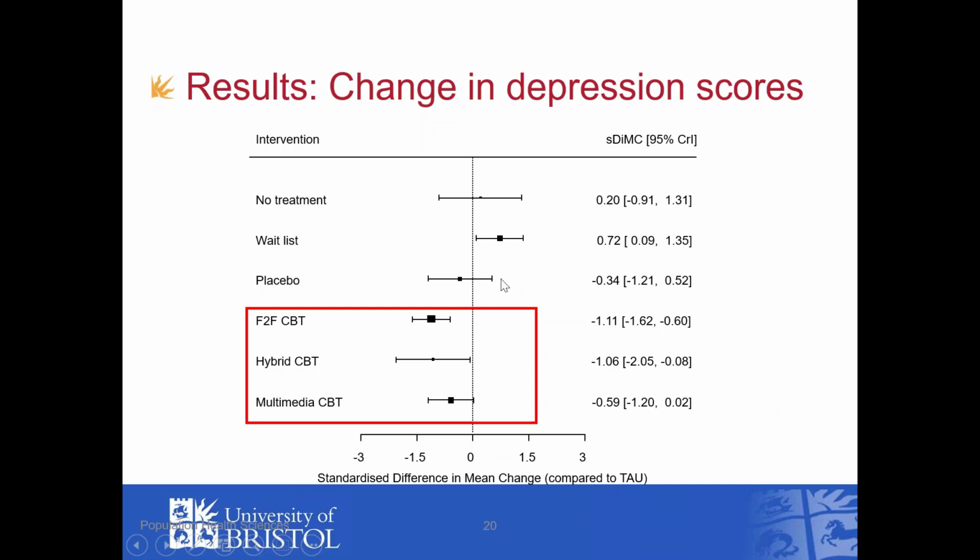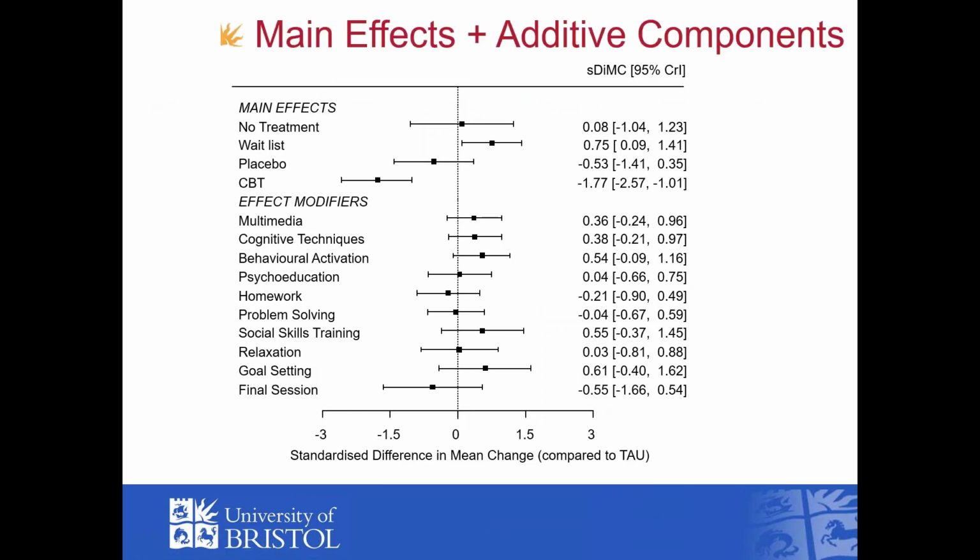But we wanted to try and understand what aspects of these CBT interventions might have been driving these results. So we fitted a model which is very like the additive model that I showed you, except that we fitted an overall main effect for CBT, and then we looked at modifications to that for interventions that had multimedia, cognitive techniques, behavioural activation, psychoeducation, and so on, all these different components of what makes up potentially a CBT intervention.